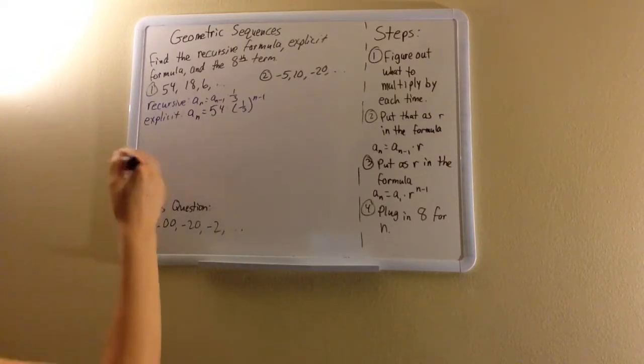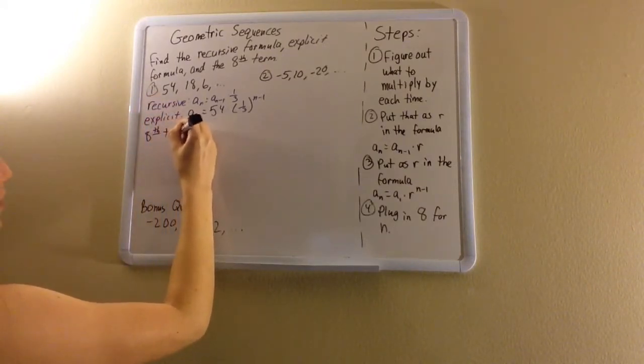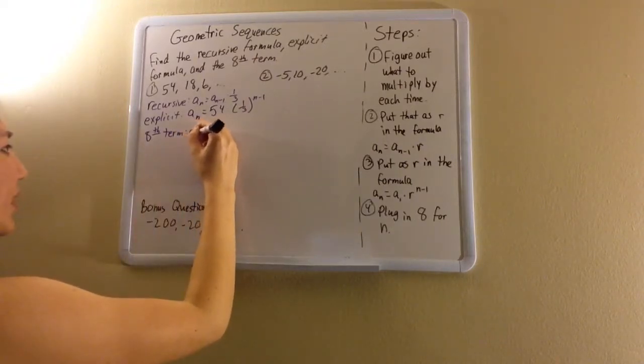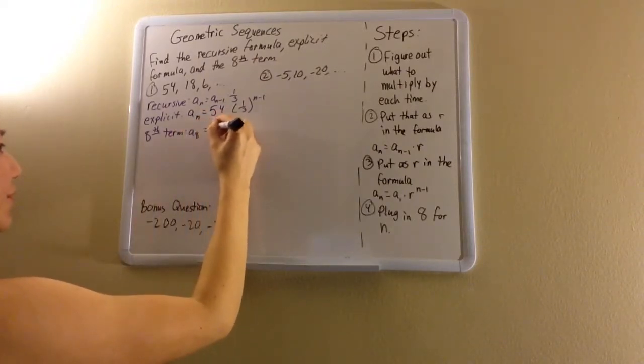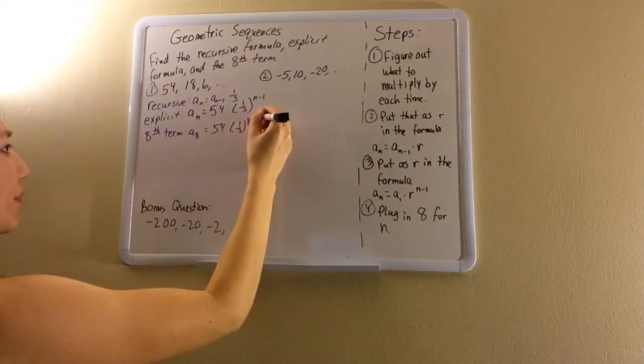Now the last part is the 8th term. So all we're doing now is plugging in 8 for n, because n is just telling you which term you're using here. So a8 is equal to 54 times 1/3 to the 8 minus 1 power.